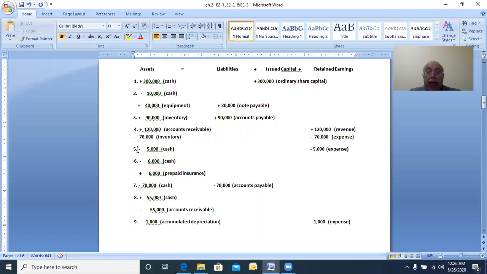You see here, the cash decreased by this amount, 5,000. And at the same time, on the other side of the accounting equation, it affects by 5,000 as expenses. Here decrease, and here, increase, because the accounting equation must always be equal.